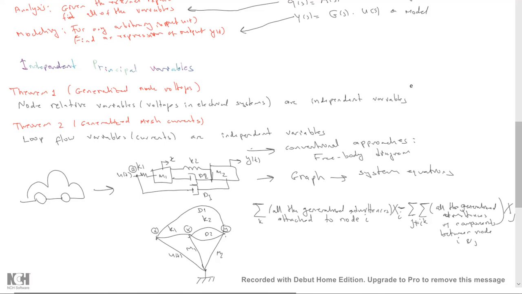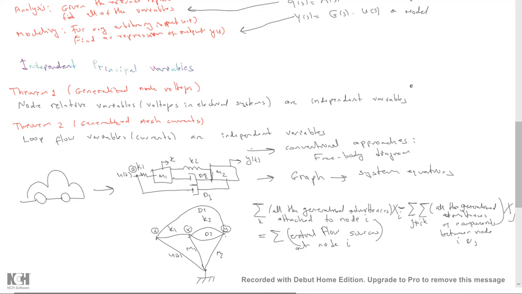We write the sum of all the generalized admittances between those two nodes. We are going to equate this to the sum of external flow sources at node I.